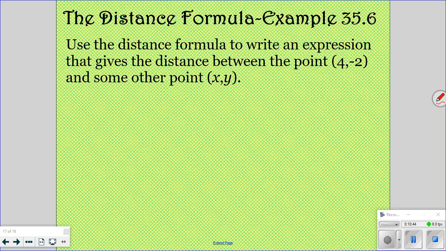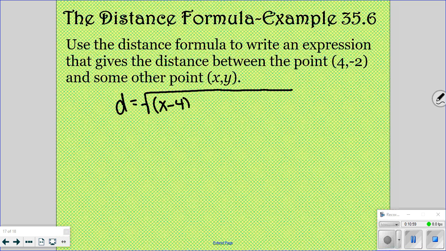Okay, so we're going to use the distance formula to write an expression that gives the distance between these 2 points. So it doesn't matter which form you use. So you could either do x minus 4 squared plus y minus a negative, it's going to become a positive 2.